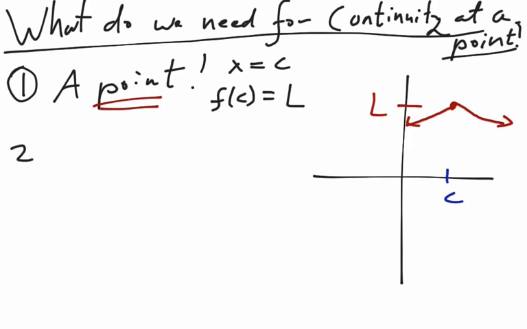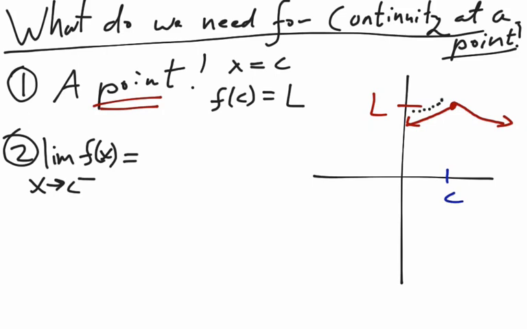And so the way that we mathematically do this is we say that the limit as x approaches c from the left of f of x has to be the same as the limit coming in from the right.